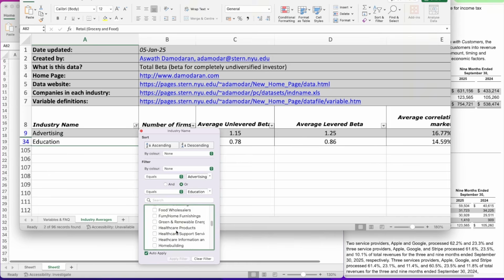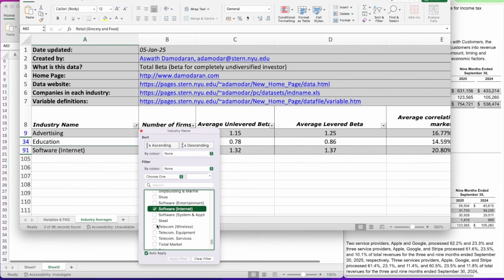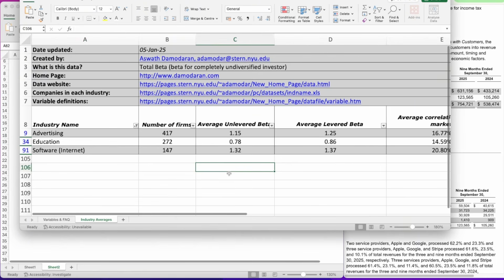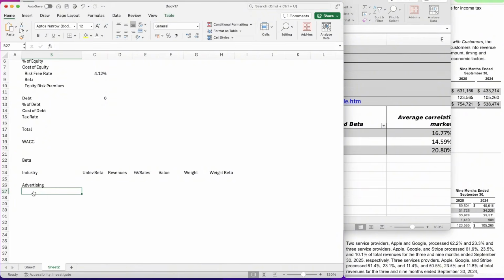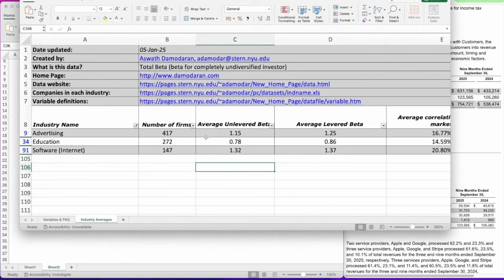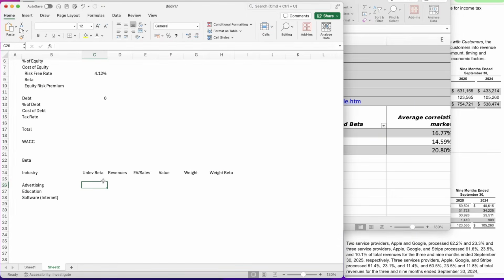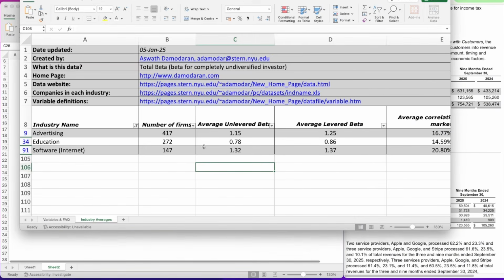Let's look at education and also software, I think software internet. Okay. So education, software, internet. The unlevered betas for these industries are 1.15, 0.78. What was the last one? 1.32.